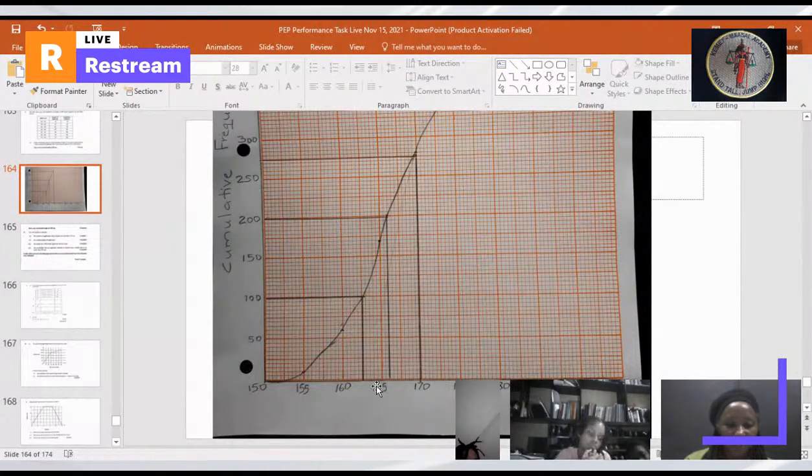So it's 165, 166, 167. So it's between 166 and 167 centimeters.